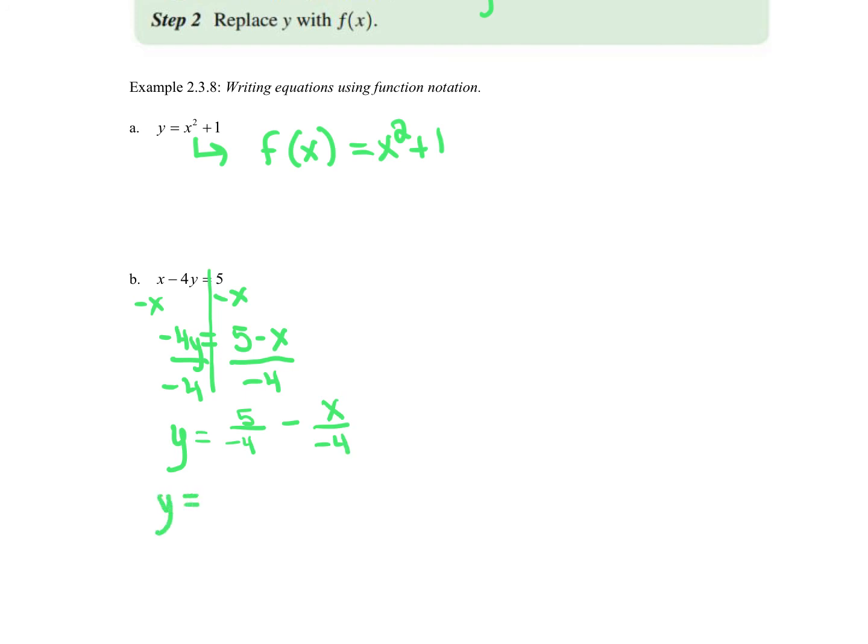Sorry, that's equal to y equals -5 over 4. A negative and a negative make a positive, so plus x over 4. And now we don't want to write y. We want to write f of x equals -5 over 4 plus x over 4.